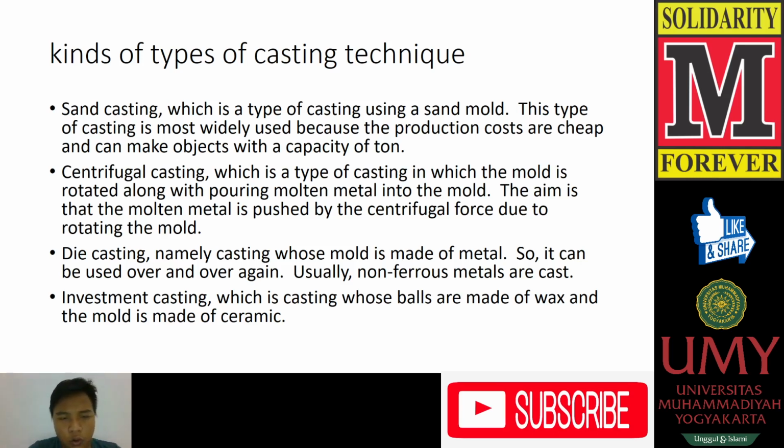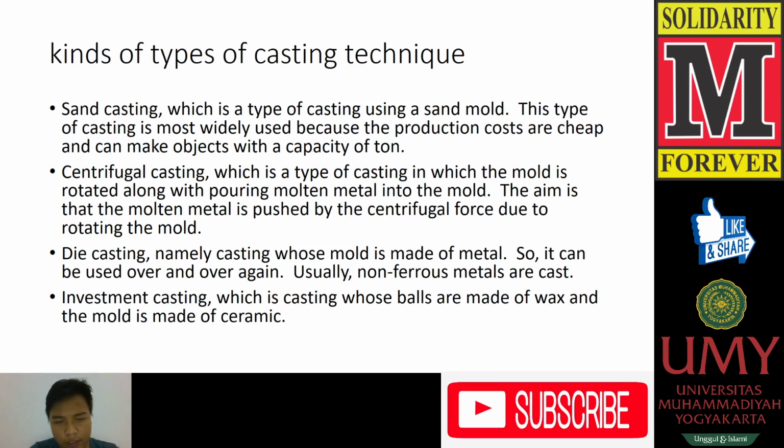Centrifugal casting, which is a type of casting in which the mold is rotated along with pouring molten metal into the mold. The aim is that the molten metal is pushed by the centrifugal force due to rotating the mold.